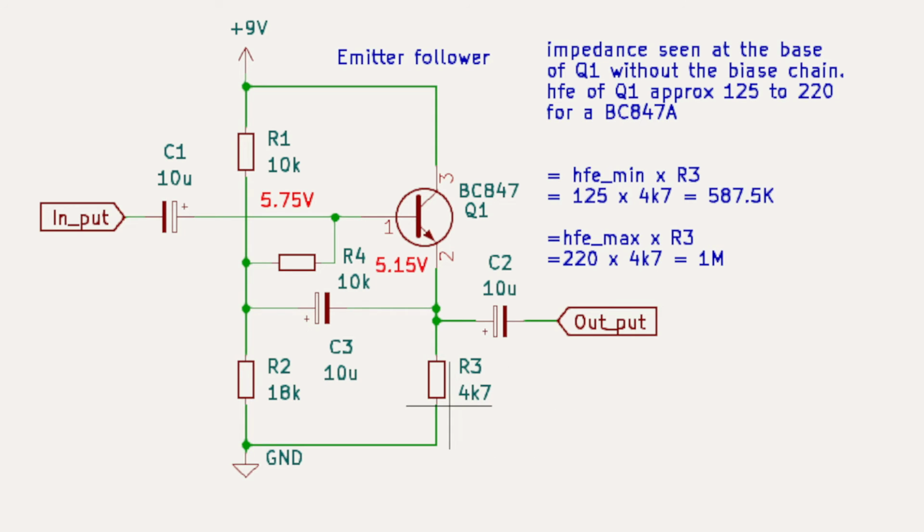Now multiplying that by the 4.7k gives us an impedance here of somewhere between 587k and just over 1 meg. So that's the best input impedance that you're going to obtain. Could be higher if this has an HFE of higher than 220, or it could be lower if it's lower than 125. Their guarantee is it's somewhere between them.